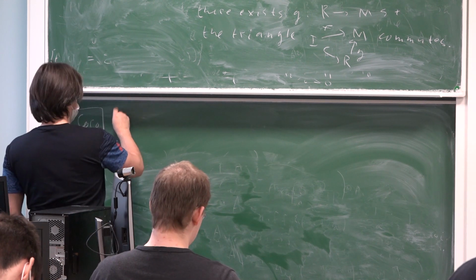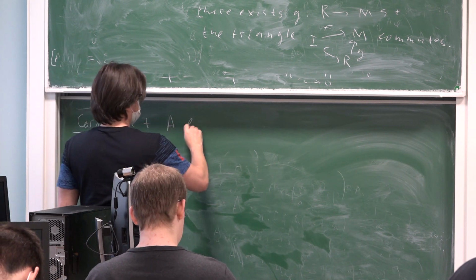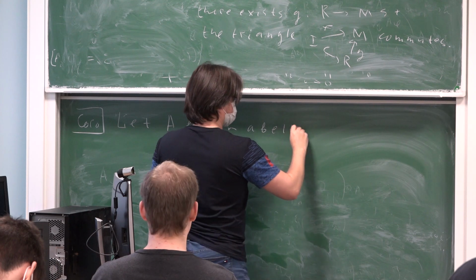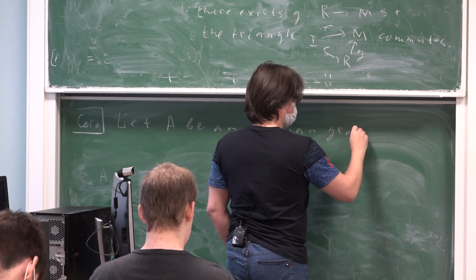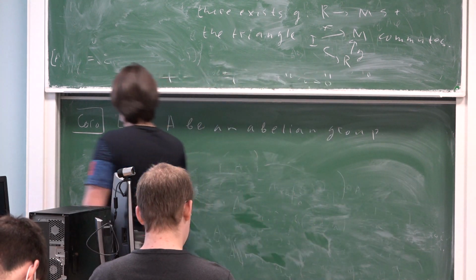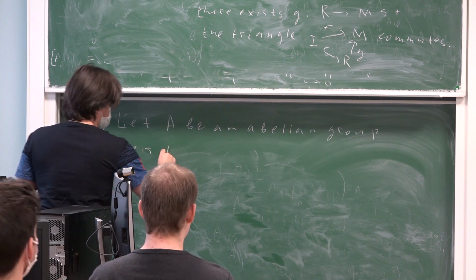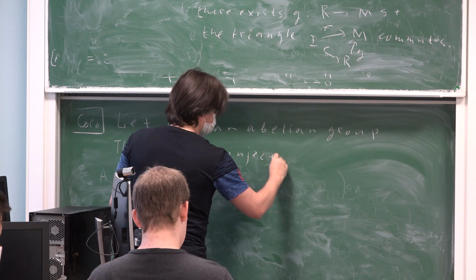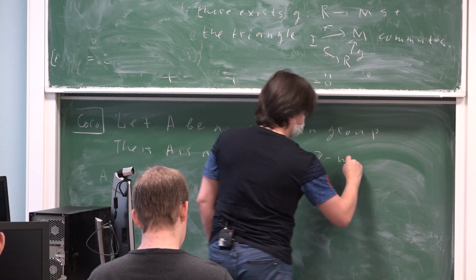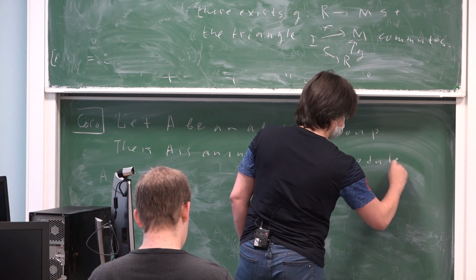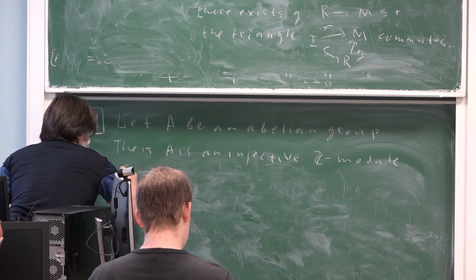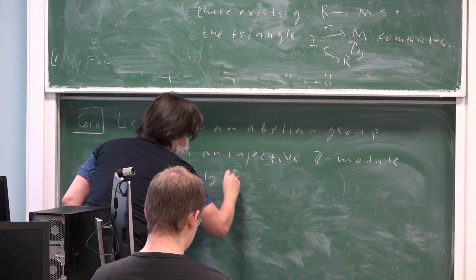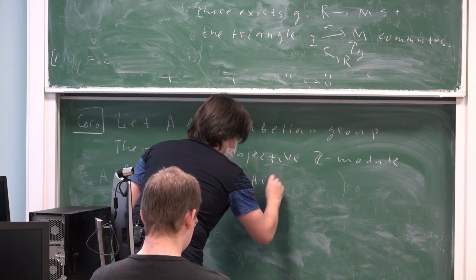Let A be an abelian group. Then A is an injective Z-module if and only if A is divisible.